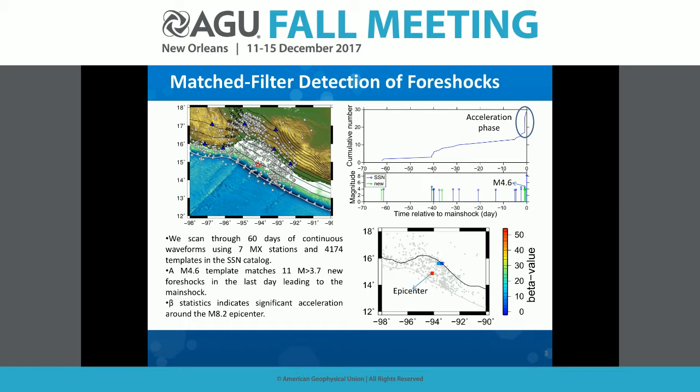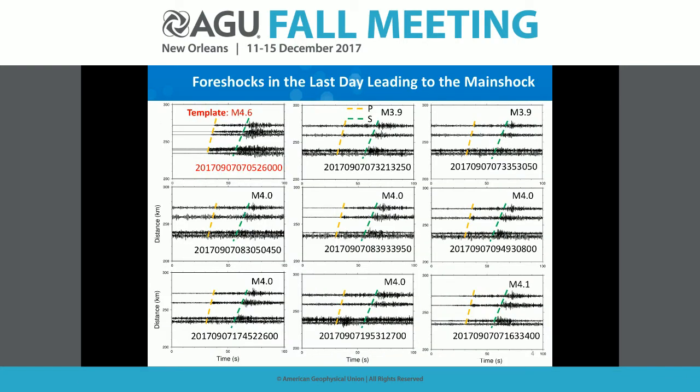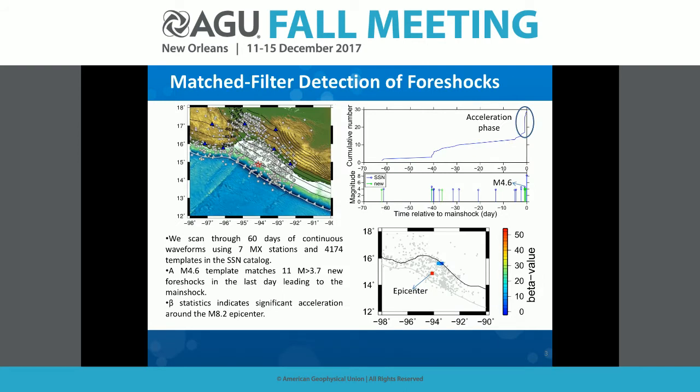What we identified here are the detected events, and this is the cumulative number of events. During the last day, one of the templates, a magnitude 4 event, matched about a dozen magnitude 4 events, and those occurred about a day leading up to the main shock.